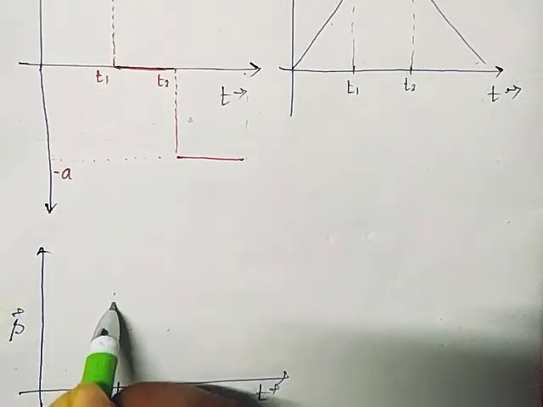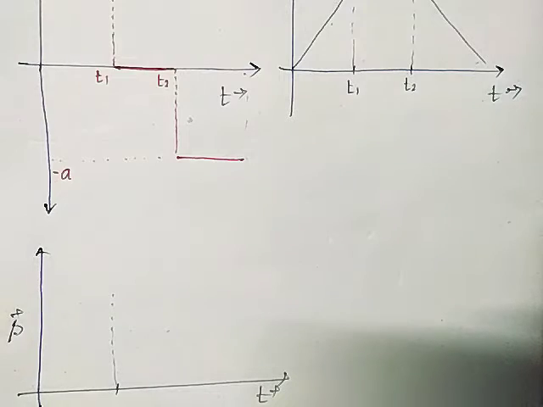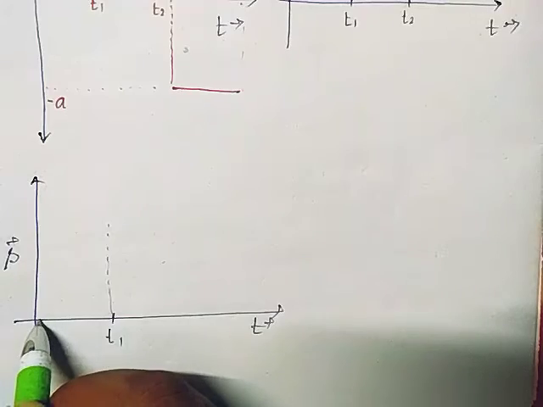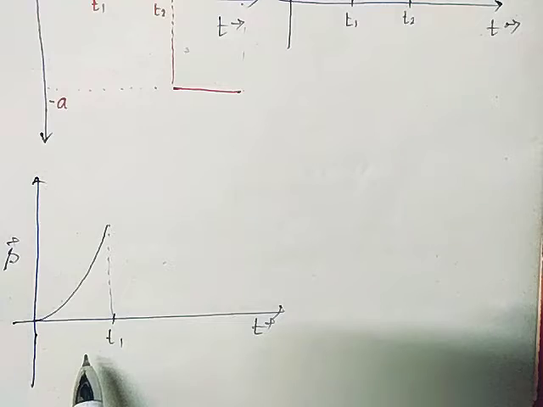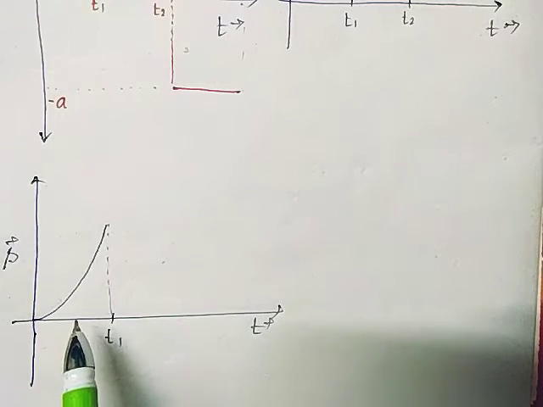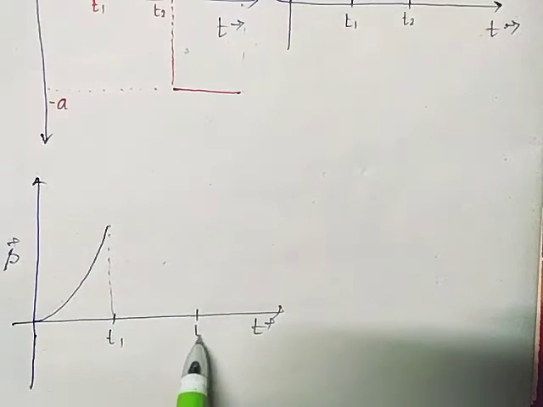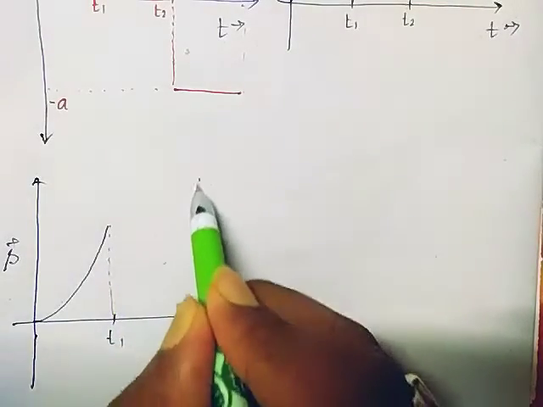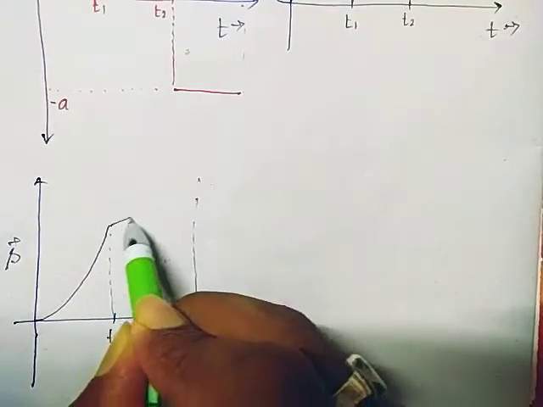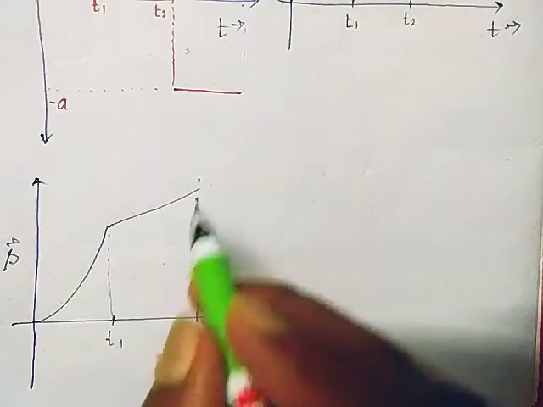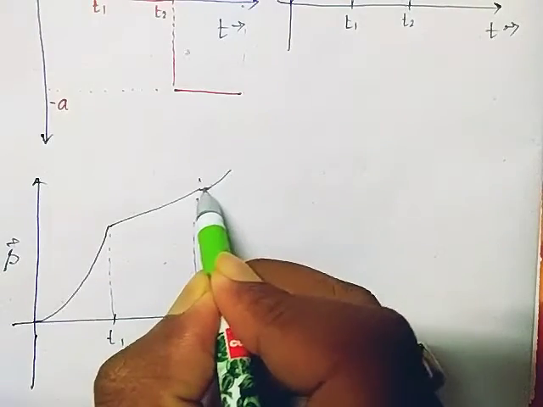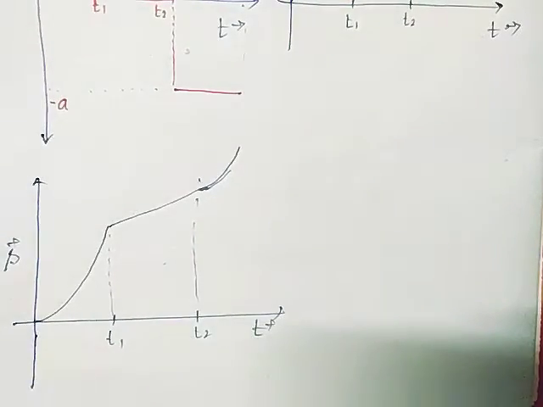The velocity is increasing at a constant rate up to time interval t1, so it is like this. After that the velocity remains constant until time t2, so it is somehow like this. After that the velocity is again increasing at a constant rate, so the displacement is again increasing. So this is the thing.